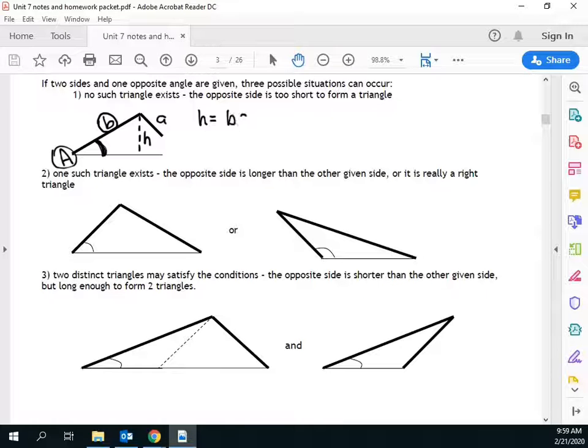So we say H equals B sine A. When you find that, take that H and compare it to the one side you'd have, the side that's given to you. If it's less than H, no triangle exists.